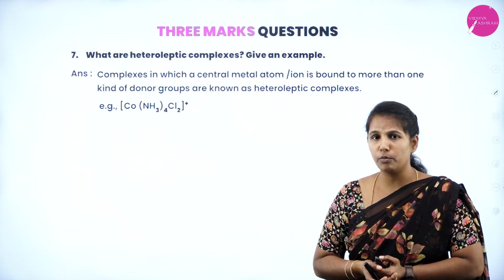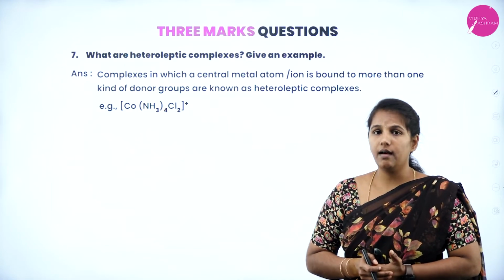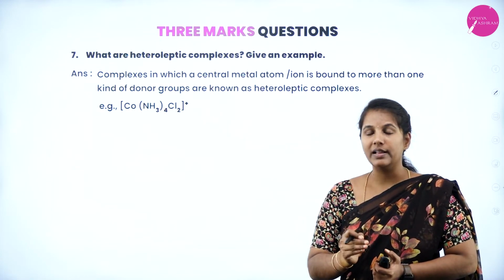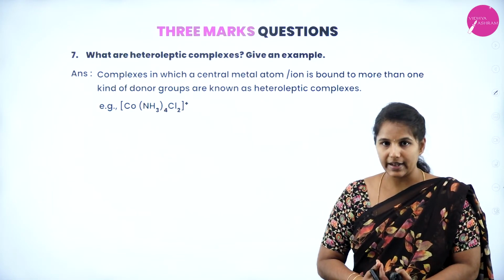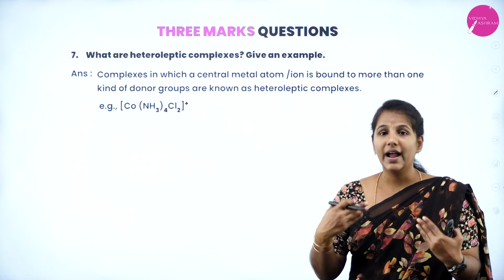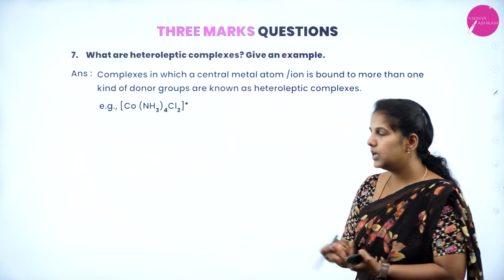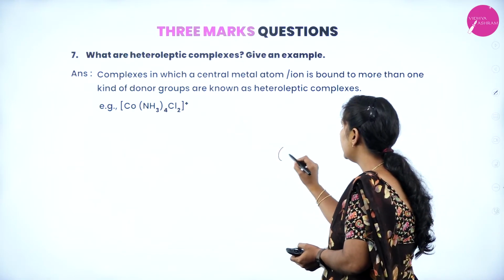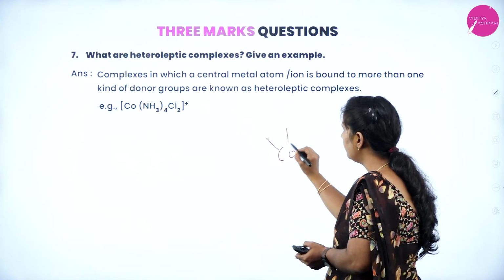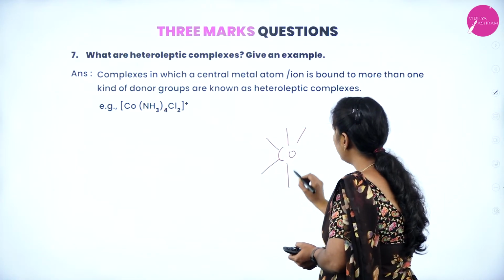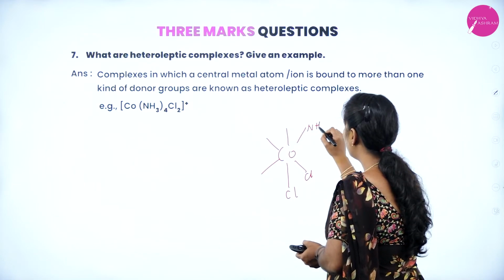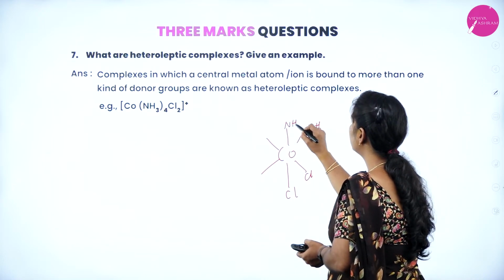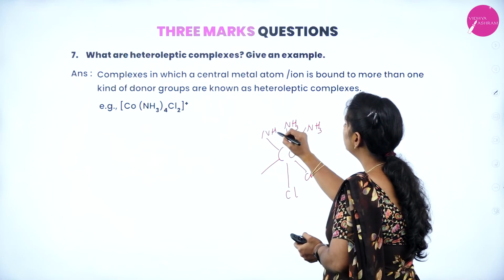Next, we have heteroleptic complexes. What are heteroleptic complexes? Give an example. Here, hetero stands for different. If different ligands are ligating towards the central metal atom, then we say it is a heteroleptic complex. I can go with cobalt only, which is surrounded by 4 amino ligands and 2 chlorido ligands.